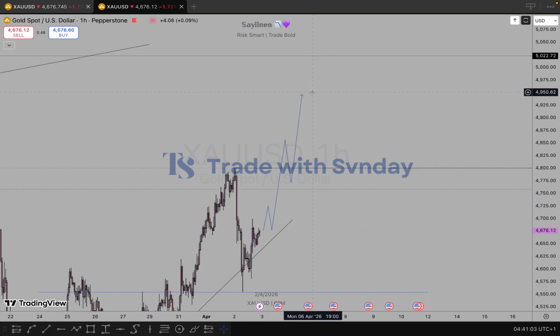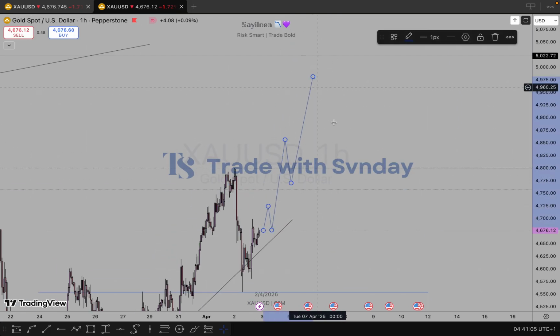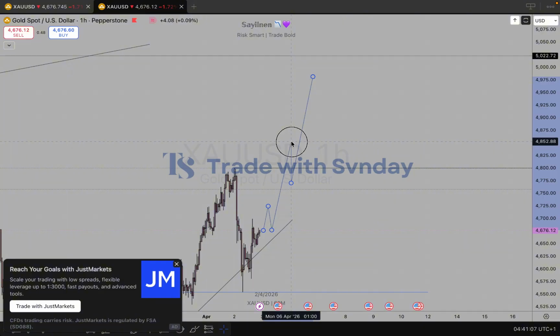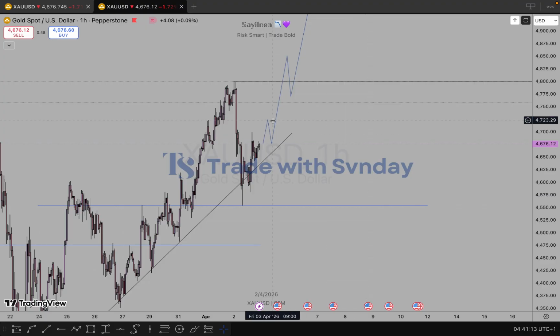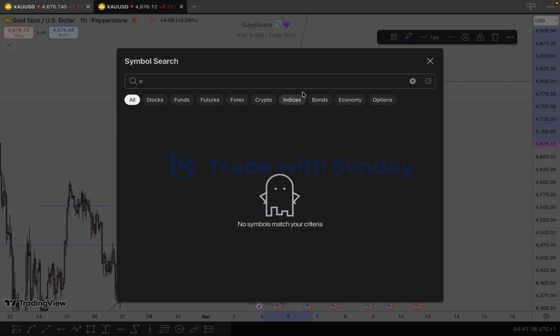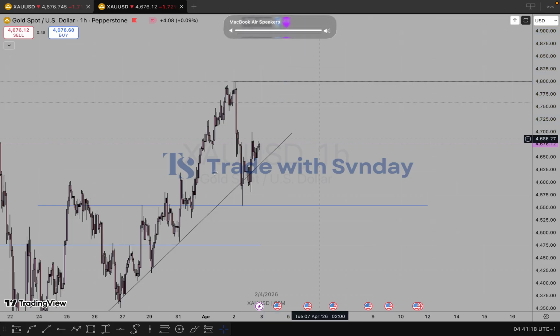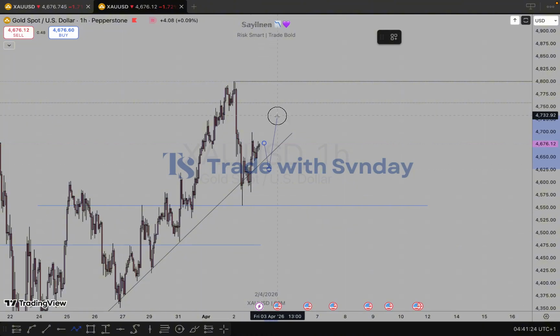So we could easily expect something like this, or if we don't get to see something like this, price could first of all do this. Price could first of all come back a bit slower, pick more buys, then we do this.